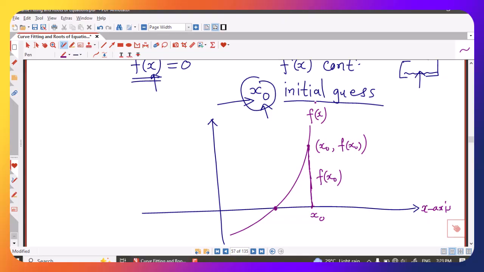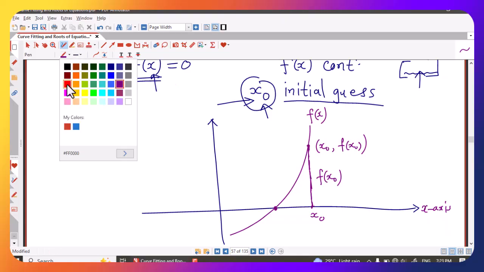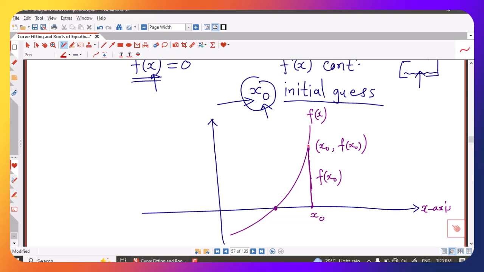In this case, we will not draw the secant line, but instead we will consider the tangent to the graph of f(x) at the point x0 comma f of x0. So we try to draw the tangent to the curve at this point.